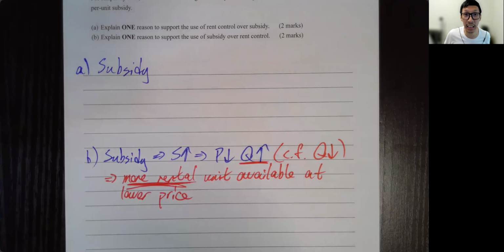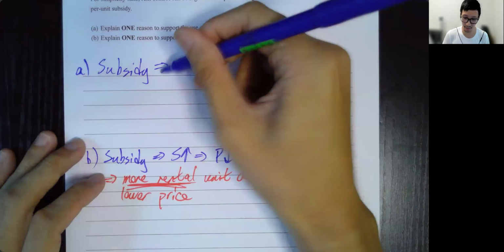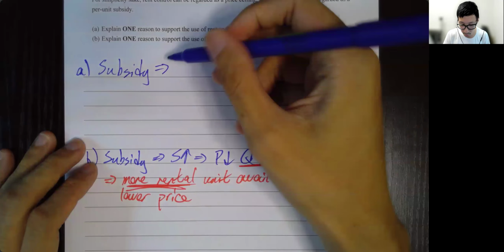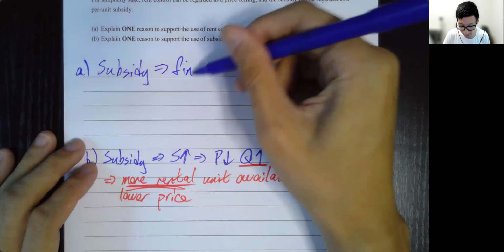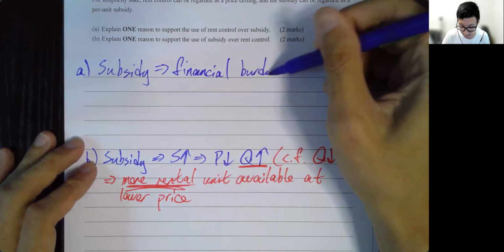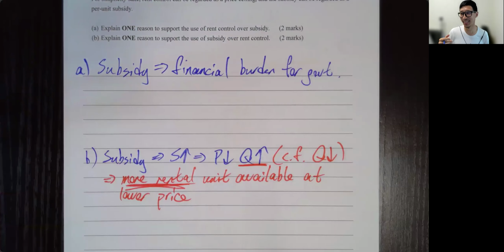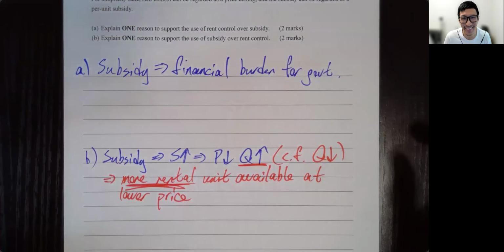No, it doesn't. Okay? Who pays the subsidy? Yes, our beloved government. Subsidy would create financial burden for the government. 真係想寫 for Harry Potter.